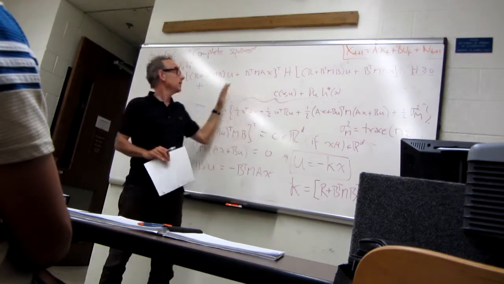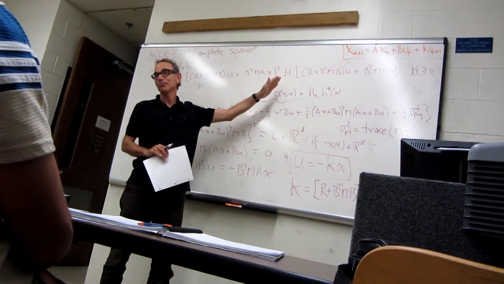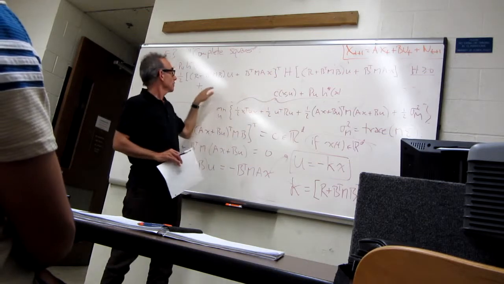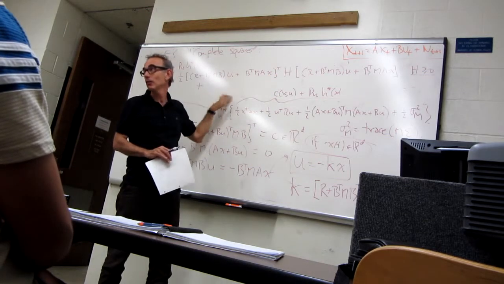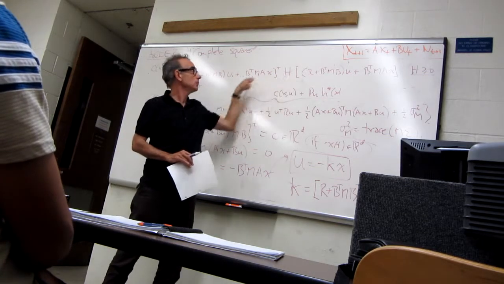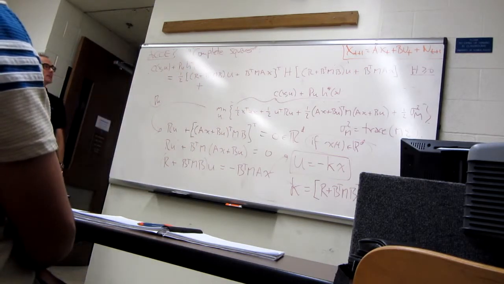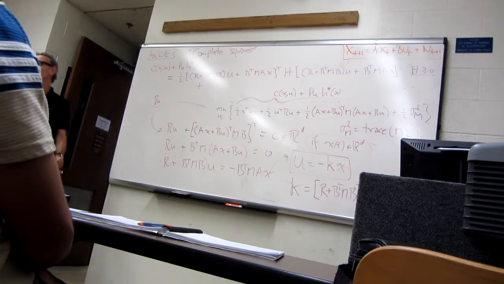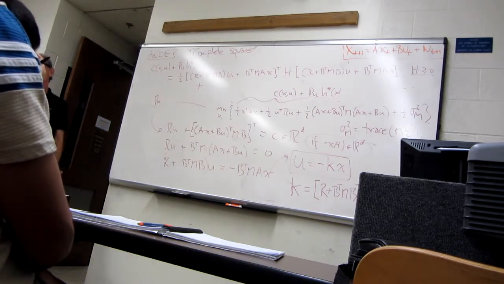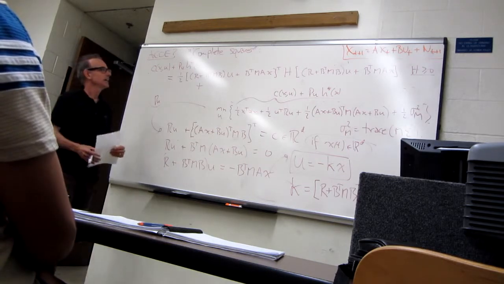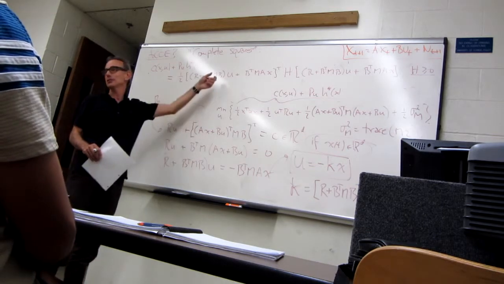I can write it this way, plus some terms that don't depend on u, a whole bunch of terms that are constant or just functions of x. If I wanted to minimize with respect to u, I would get that. So I know this is true. I'll tell you what h is in a minute. That's algebra. But I claim that if I have a quadratic with this minimizer, it's going to be in this form.